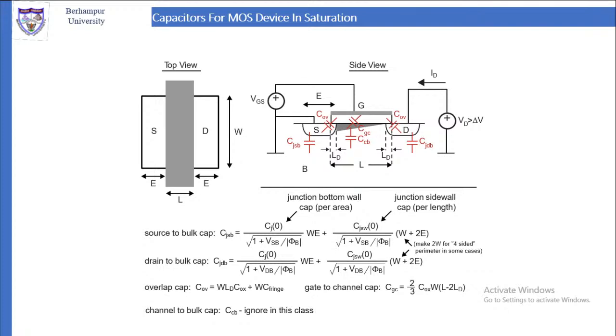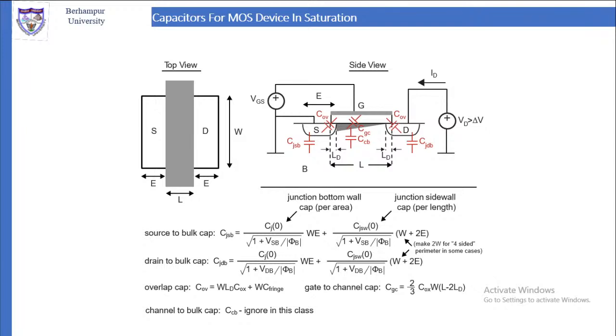Now the source to bulk capacitance, CJSB, the expression for that is given here. Similarly, the drain to bulk capacitance expression is given here, CJDB, and these are the two side capacitances.